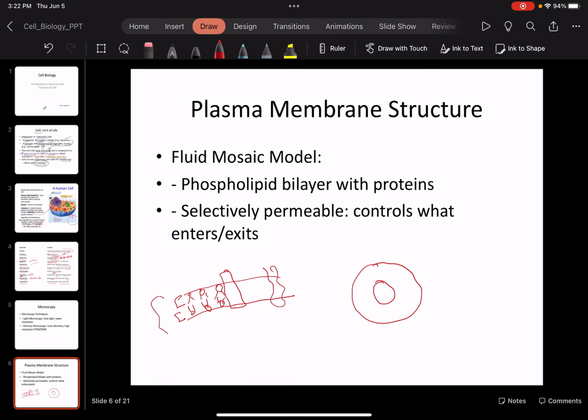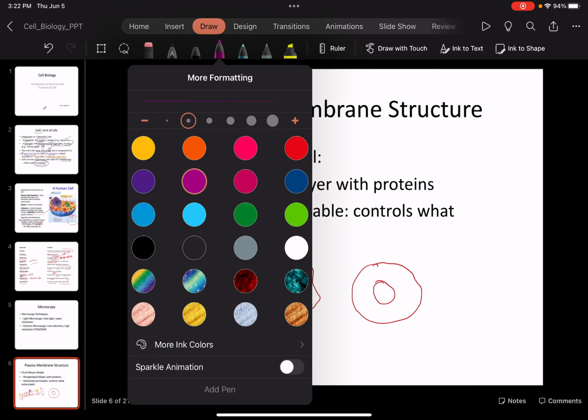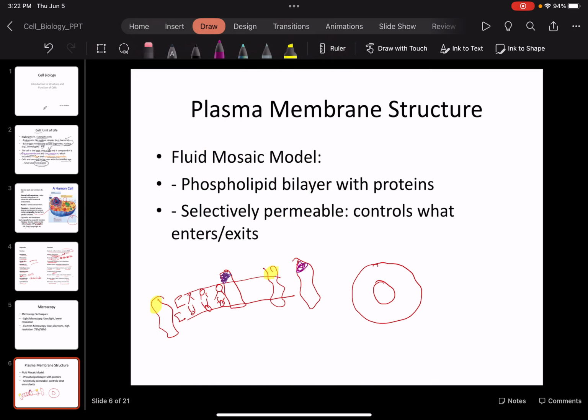When you look at these things, you see different colors. So different colors, when you look from outside.